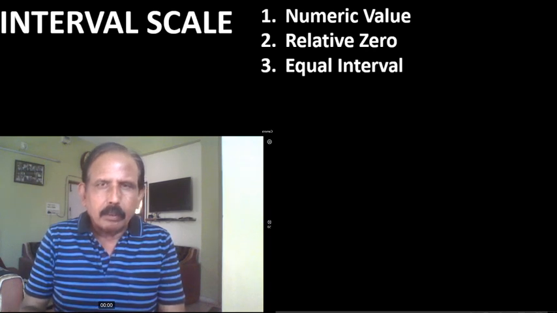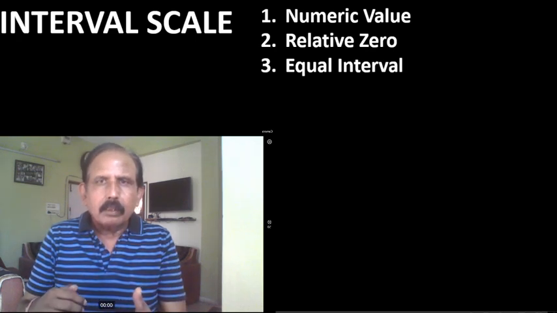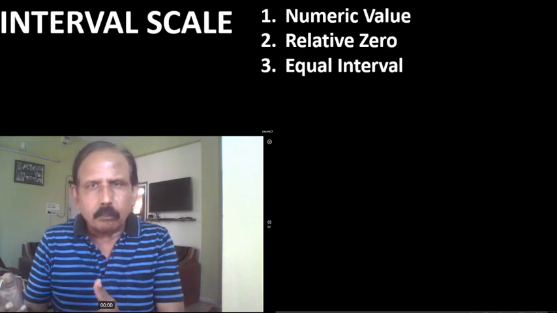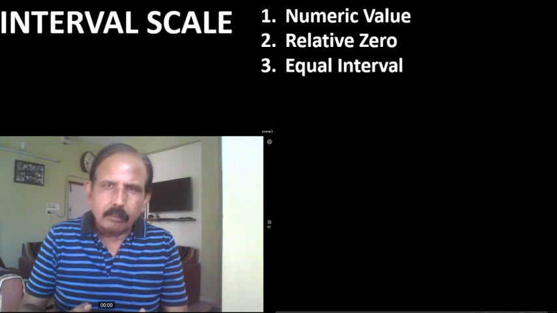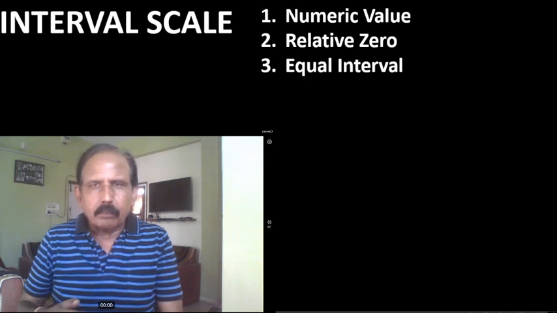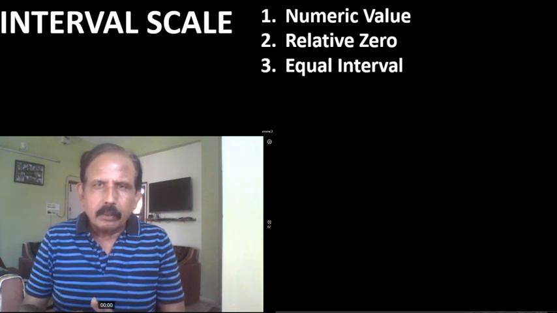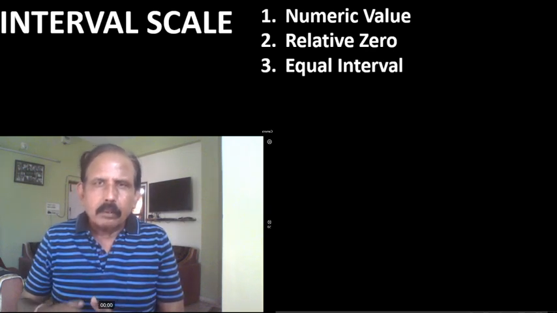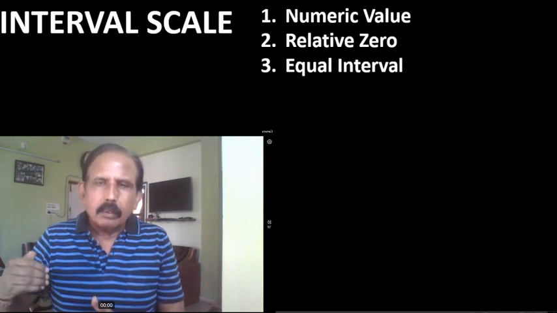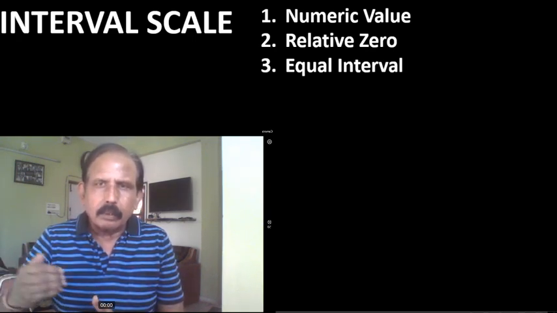So the difference between these two numbers and the difference between the performance of the corresponding students in the examination are equal. The same thing will be there for the difference between 30 and 40 marks. The difference is 10 and this difference is the reflection of the difference in the performance of the students having 30 and 40 marks.